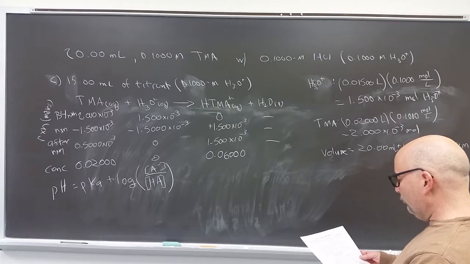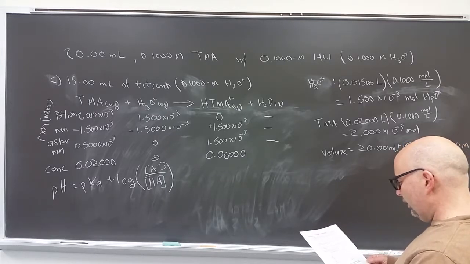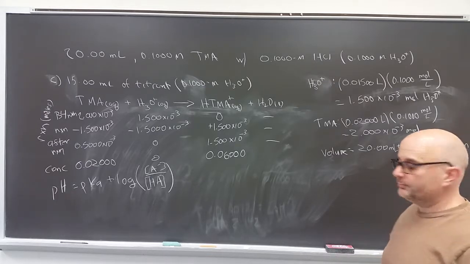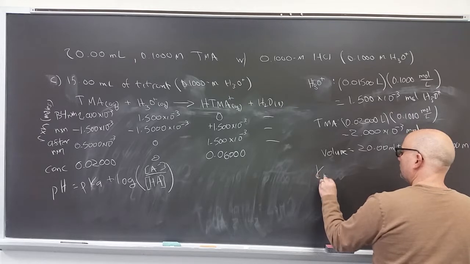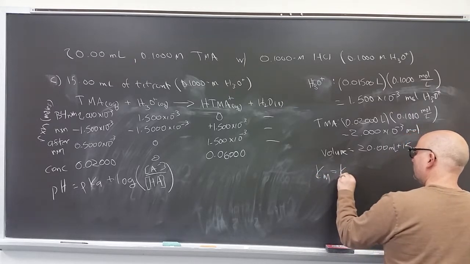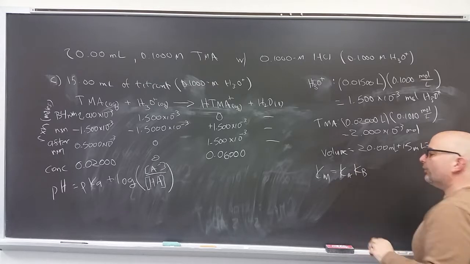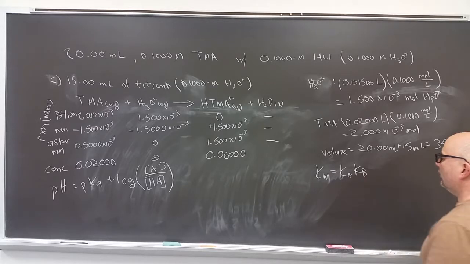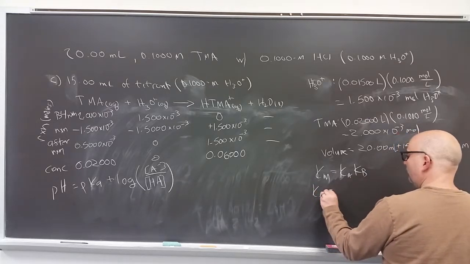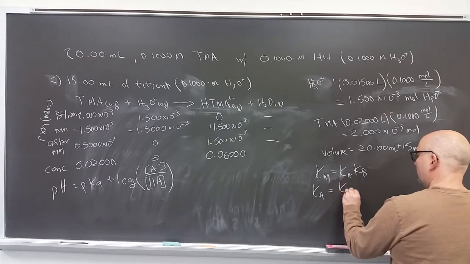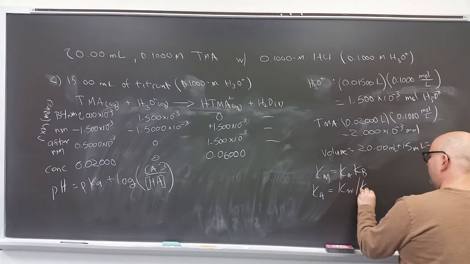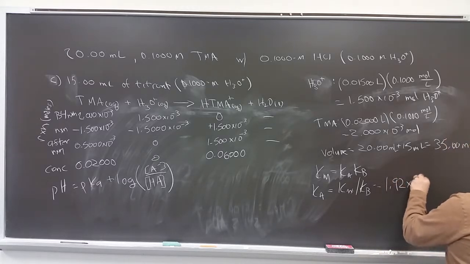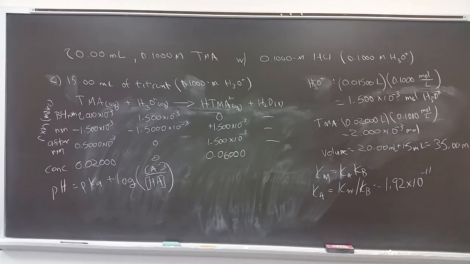So the one thing that you don't know just yet is what the Ka of the trimethylammonium is. But you can figure it out because you know Kw and you know you were given Kb. So the Ka of trimethylammonium is simply Kw divided by the given Kb, and that ends up being about 1.92 times 10 to the minus 11.